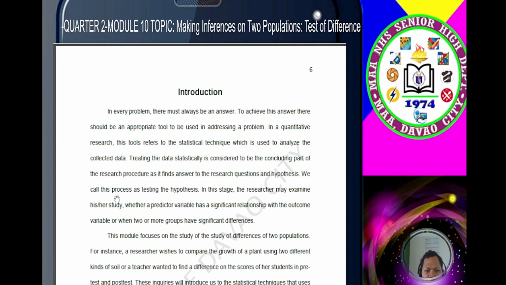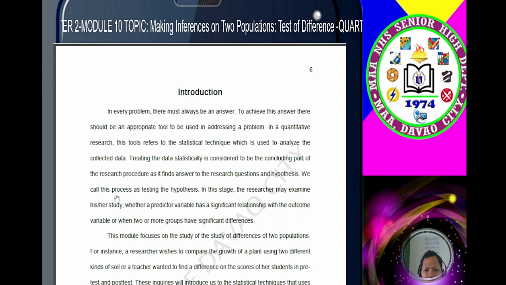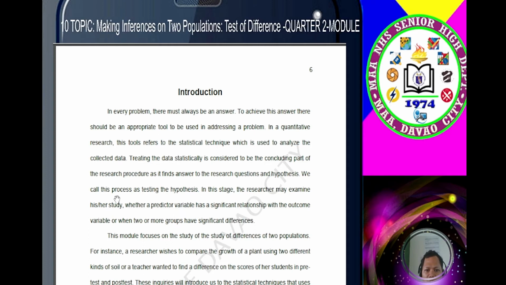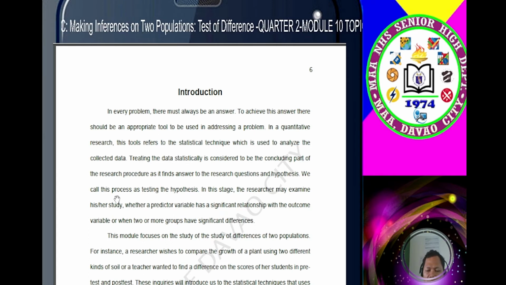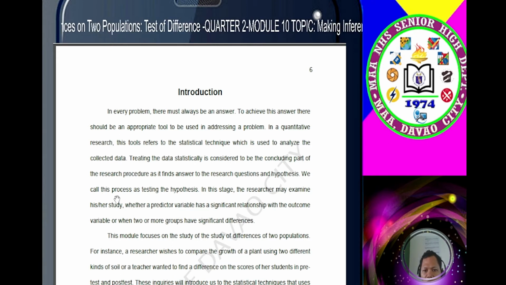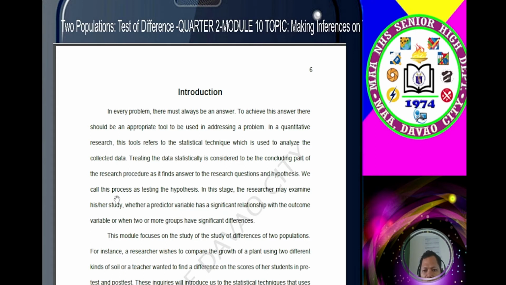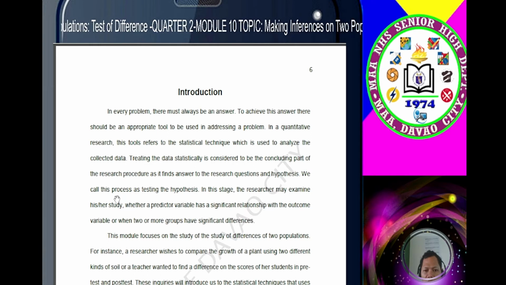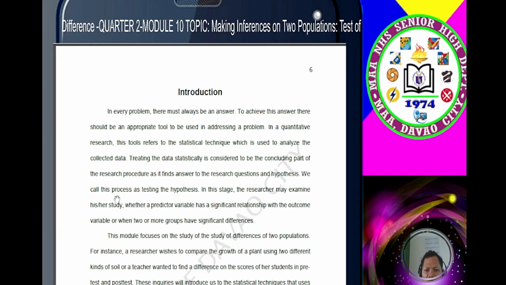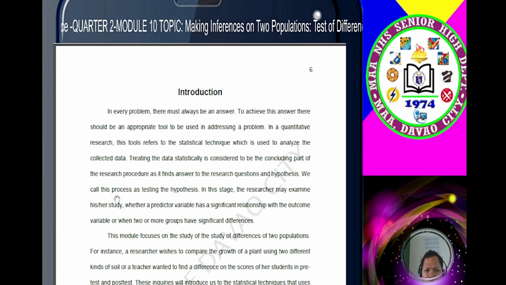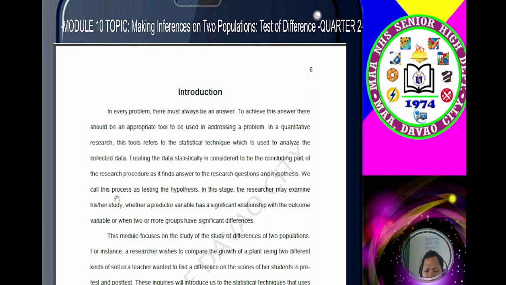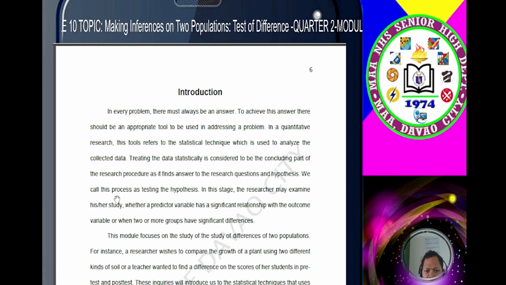Introduction: in every problem there must always be an answer. To achieve this answer, there should be an appropriate tool to be used in addressing the problem. In quantitative research, these tools refer to statistical techniques, which are used to analyze the collected data. Treating the data statistically is considered the concluding part of the research procedure, as we find answers to the research question and hypothesis.